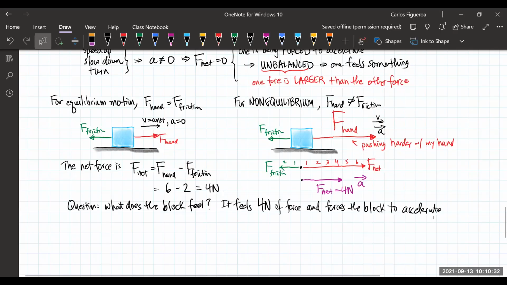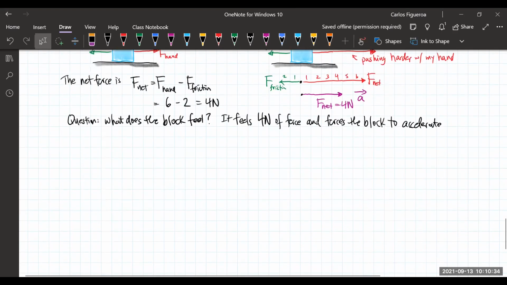So now that I've gone over that briefly, I want to spend more time on it. Maybe I should have said here that this is really an unbalanced force. We can see here that the net, oh, look at that. I wrote net right there.